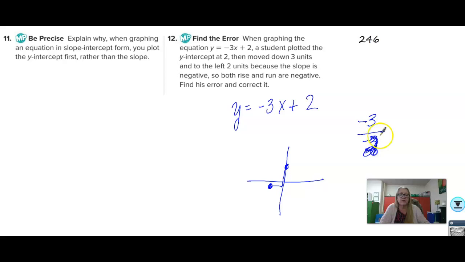The 2 that looks like a 2. There we go. What's wrong with this? Isn't this a positive slope? Yes, that would give you a positive slope. And in the equation, the slope is negative, okay? So, and they shouldn't have moved 2 units anyway because 2 was the y-intercept. It wasn't even part of the slope. So that was a dumb thing to do.